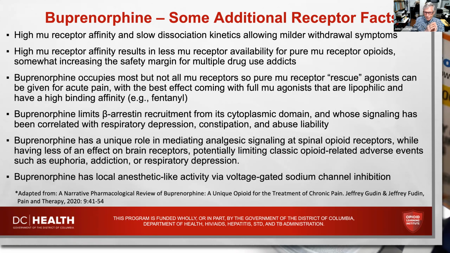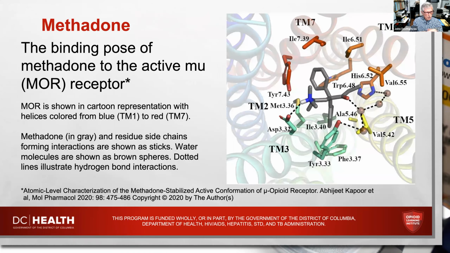Again, this is not something that's going to have an immediate effect today, but someday down the road, I predict that there will be beta-arrestin modulators that will reduce the abuse potential of opioids. Also, you may not know this, but it's also a local anesthetic because it inhibits the sodium channel, just like all other local anesthetics.